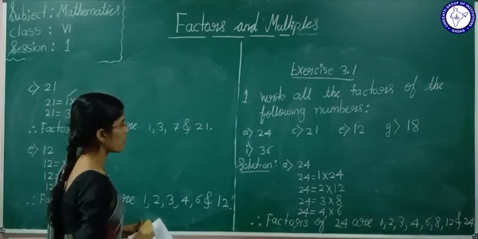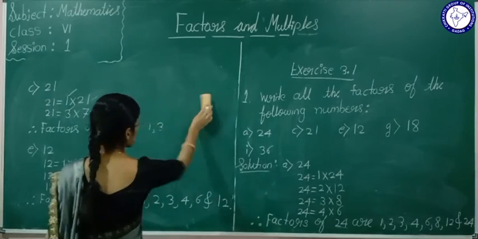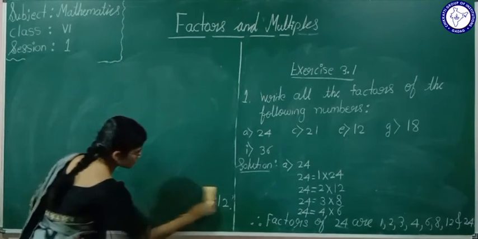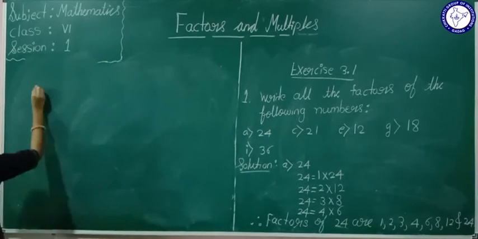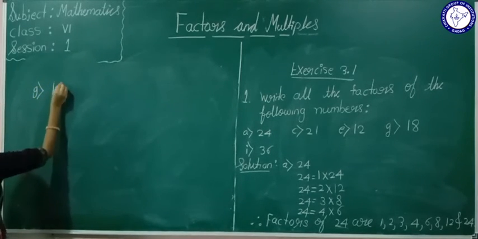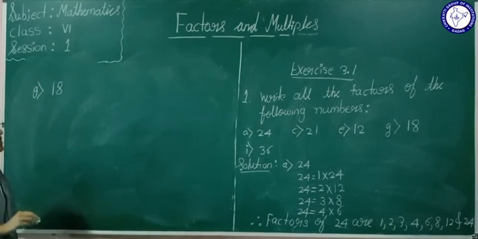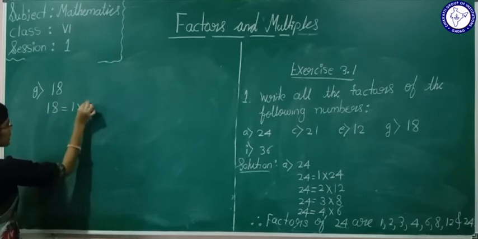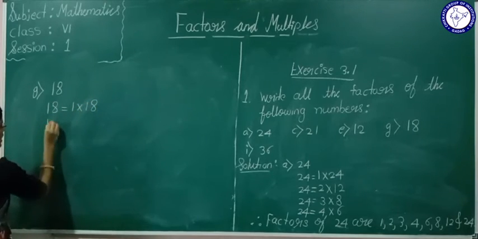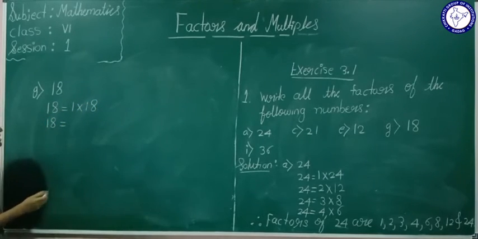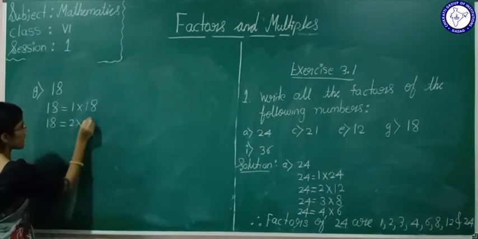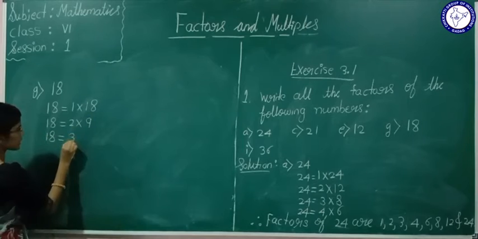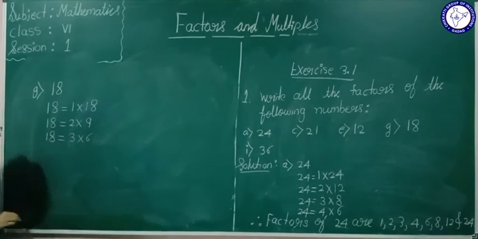Next we will go for G. You see 18. Okay, 18 can be expressed as 1 18s. Again 18 can be expressed as 2 9s, and 3 6s are 18.